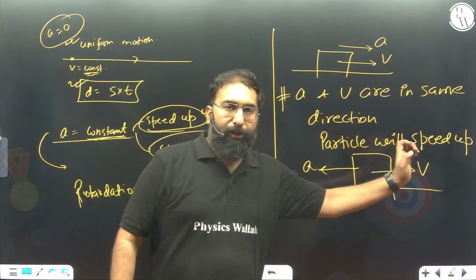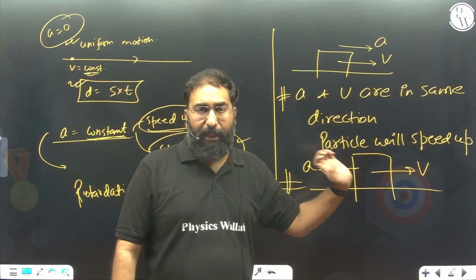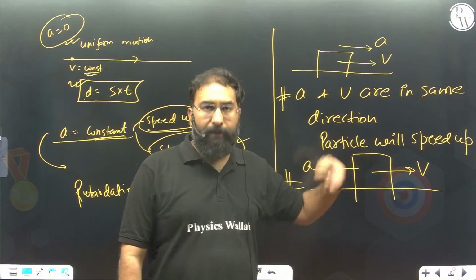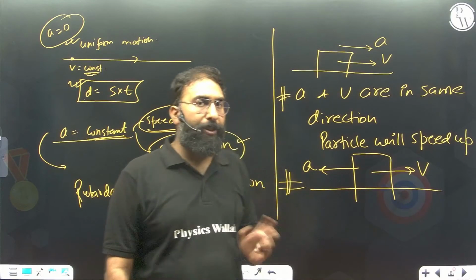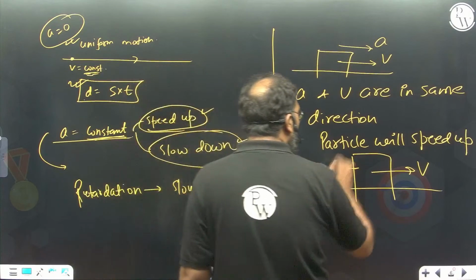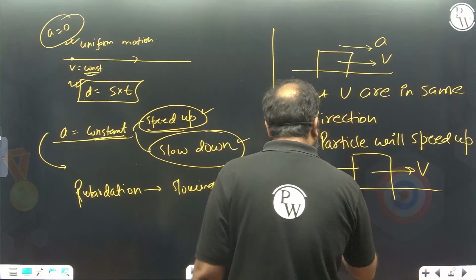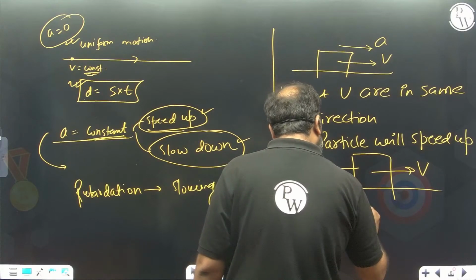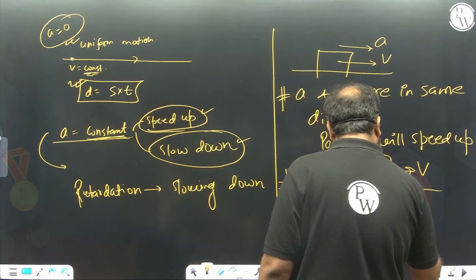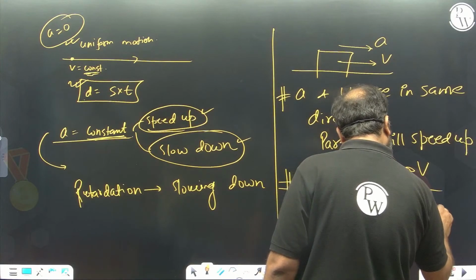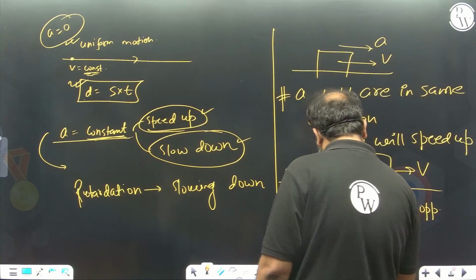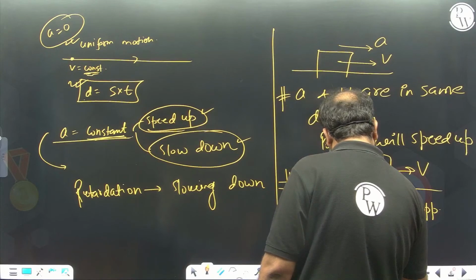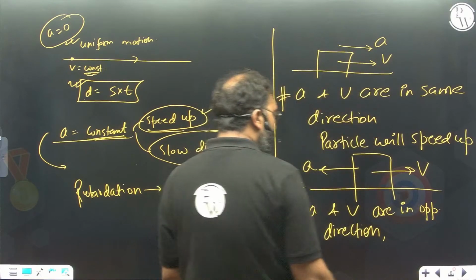When the velocity vector and acceleration vector are in opposite directions, acting 180 degrees to each other, A and V are in opposite directions, so the particle will slow down.